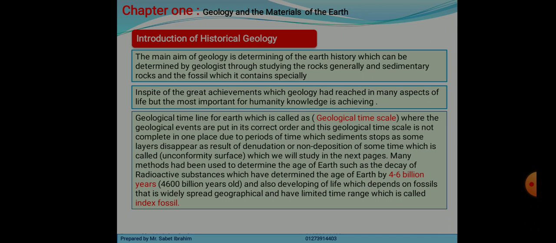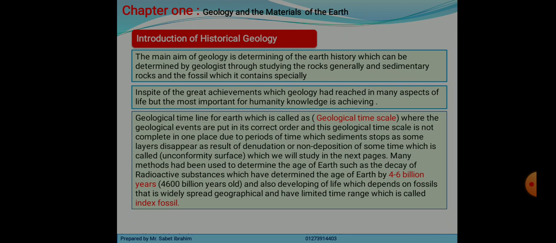Many methods have been used to determine the age of Earth, like the decay of radioactive substances, which have determined the age of Earth as 4.6 billion years, or 4,600 million years old. The development of life depends on fossils.